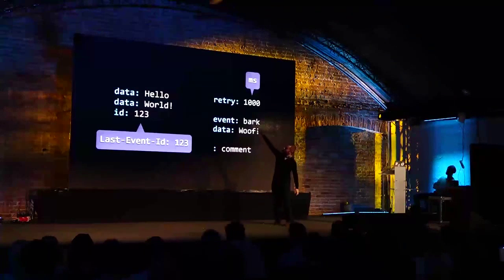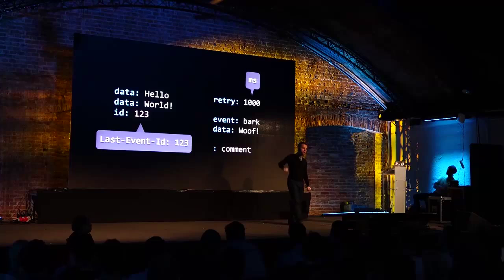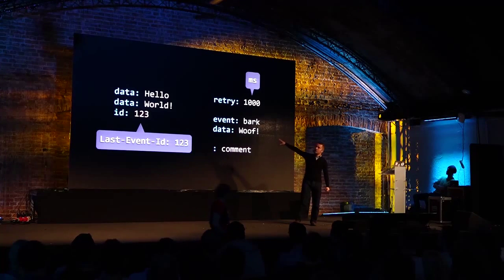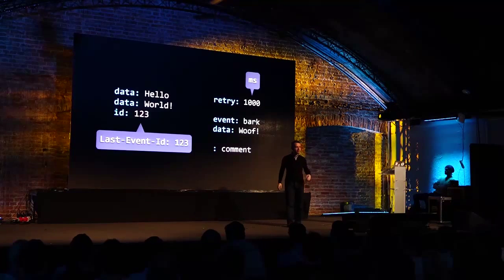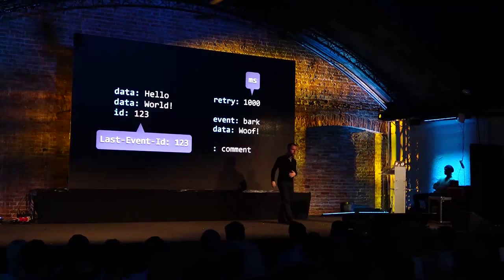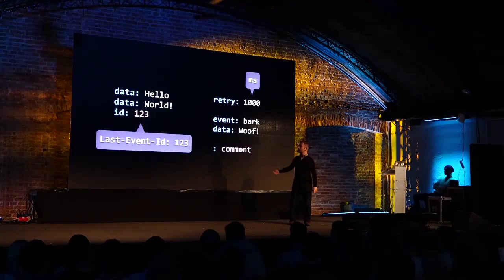So you can send multiple lines, prefixing every line with "data:". You can name each event. For example, if you're streaming events from your database, you can send your database key in a line that starts with "id:".